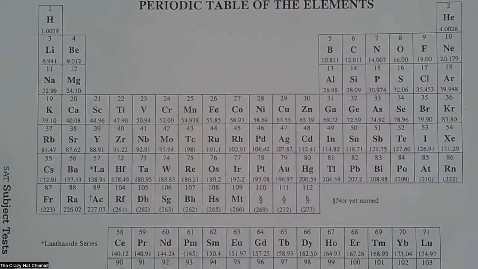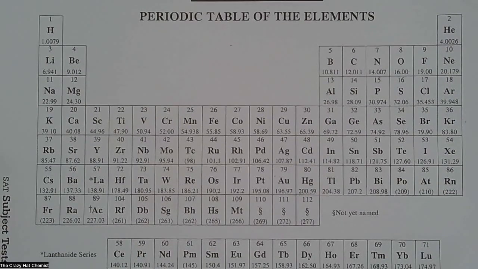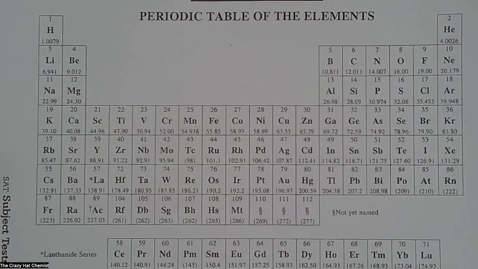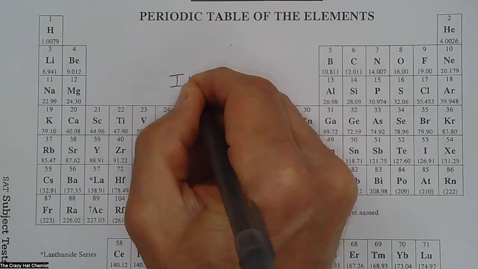So going for this one here, this is going to be question number 14 because that comes after 13, of course, and which has the greater first ionization energy? So ionization energy.